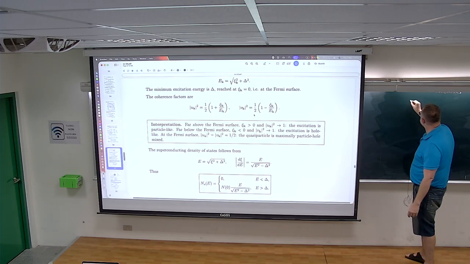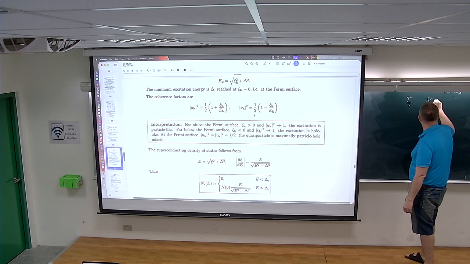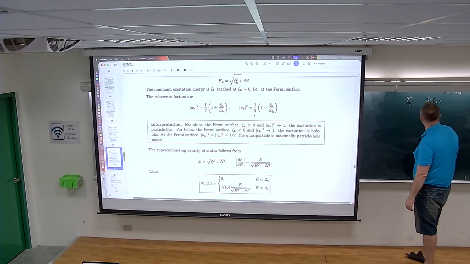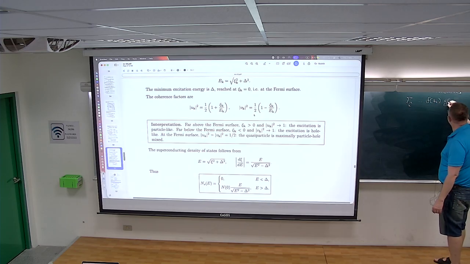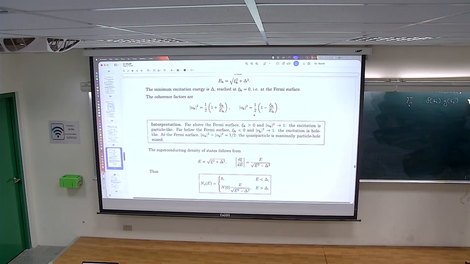And this typically means that you have some summation over K, and then you have the distribution function which depends on the energy of the quasi-particles, and there is some other function, I don't know, G, which depends on the energy of the quasi-particles. And again, as before, we can make the continuous approximation, and we want to change it to an integration.